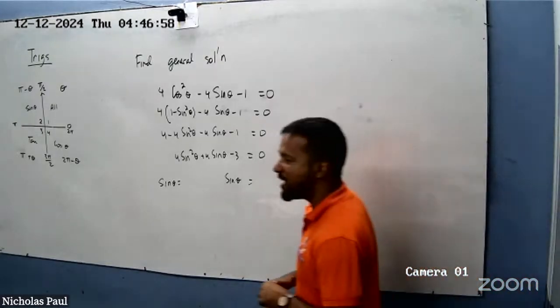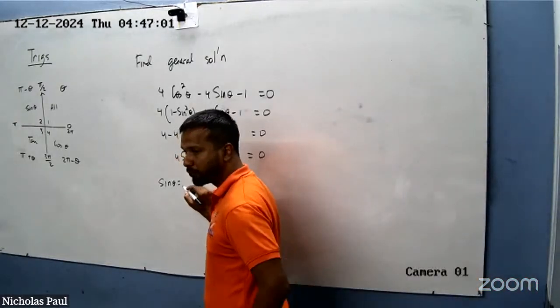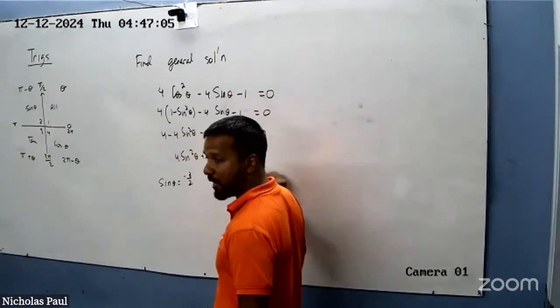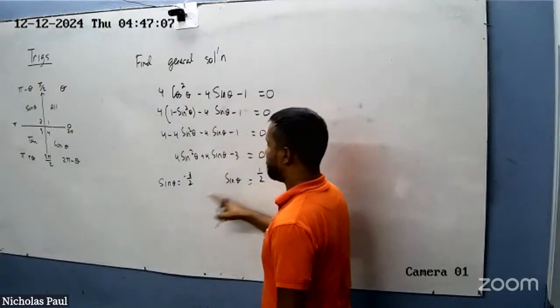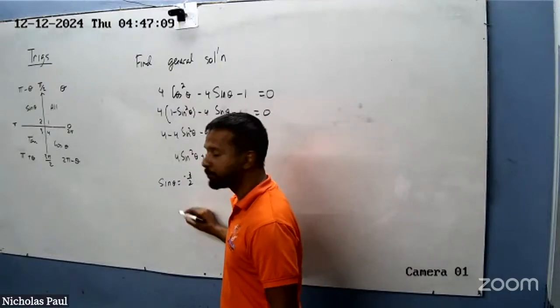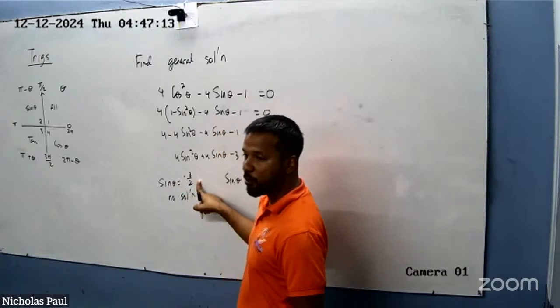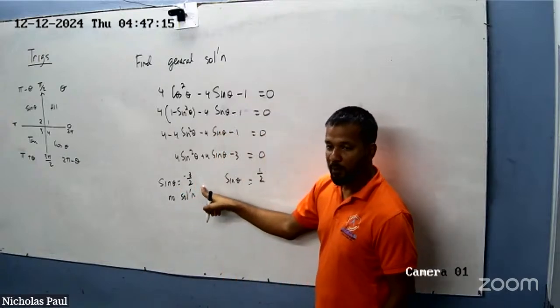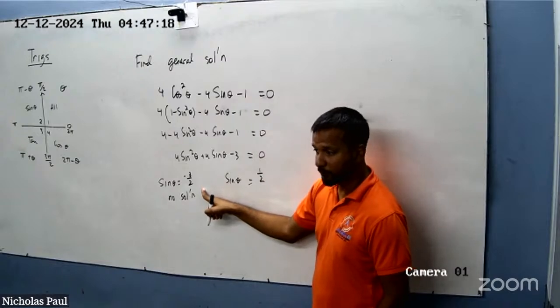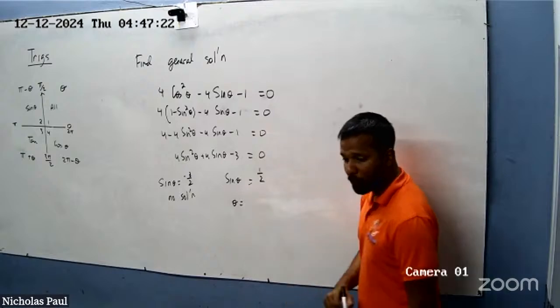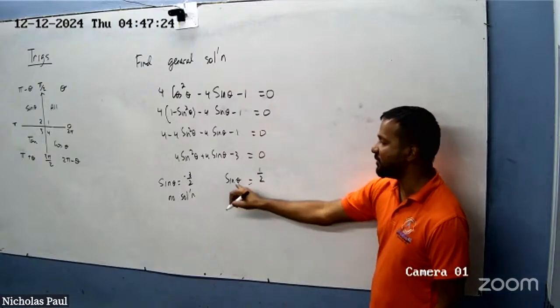How much did you get here? Minus 3 and 2.5. This is no solution, because sine can never get this small. The minimum value is -1. So this one here: what's the general solution for sine?